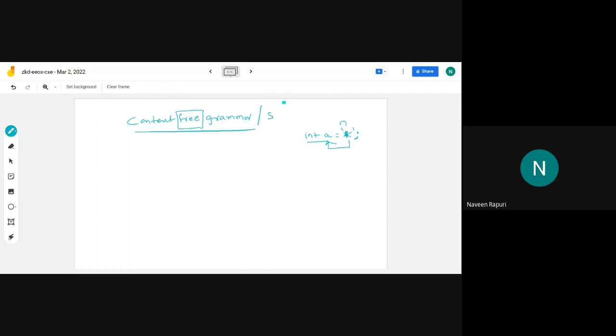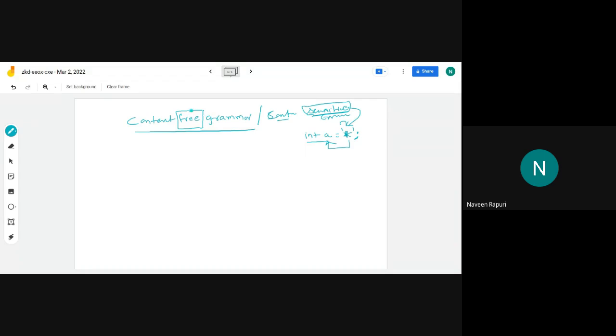Suppose you take another one, context sensitive grammar. Here the name itself has sensitive. So it senses whether the meaning is satisfied or not. That's why context sensitive grammar is used at semantic analysis, and context free grammar is used at syntax analysis.